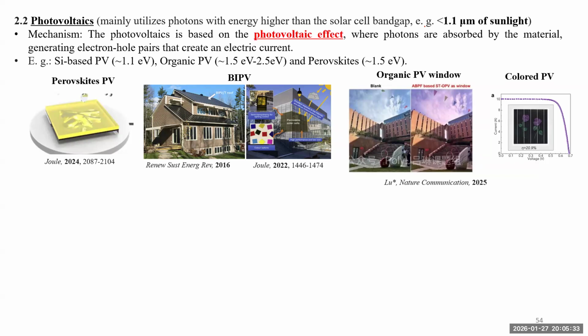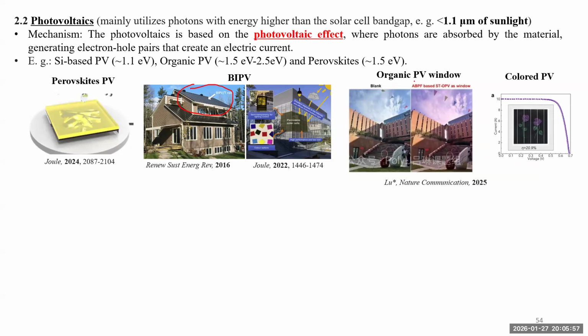For solar cells, we have different types, and an emerging type we also hear about is the perovskite solar cell. If we integrate those PV panels into our buildings, they are called building integrated photovoltaics, BIPV.